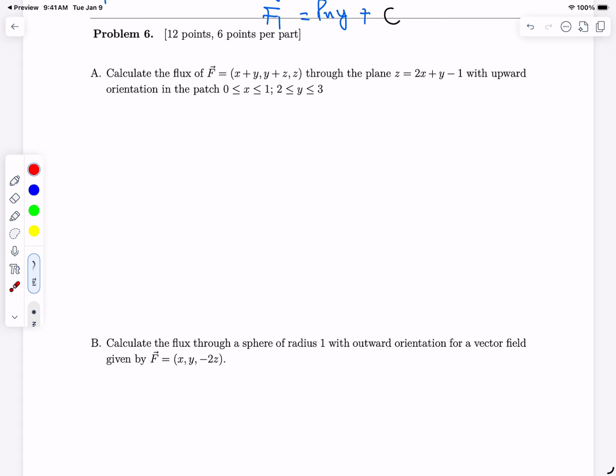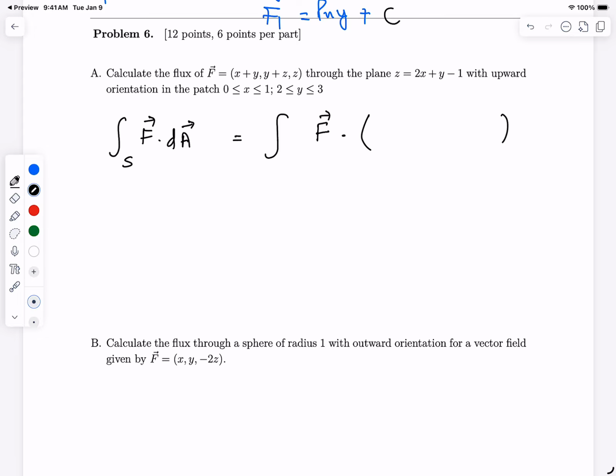Calculate the flux of this vector field through the plane with upward orientation in this picture. Now it comes to applying some of the formulas. If you remember, we had a formula for computing the flux of a vector field F through some surface S with area element dS. You write F, take its dot product with something.